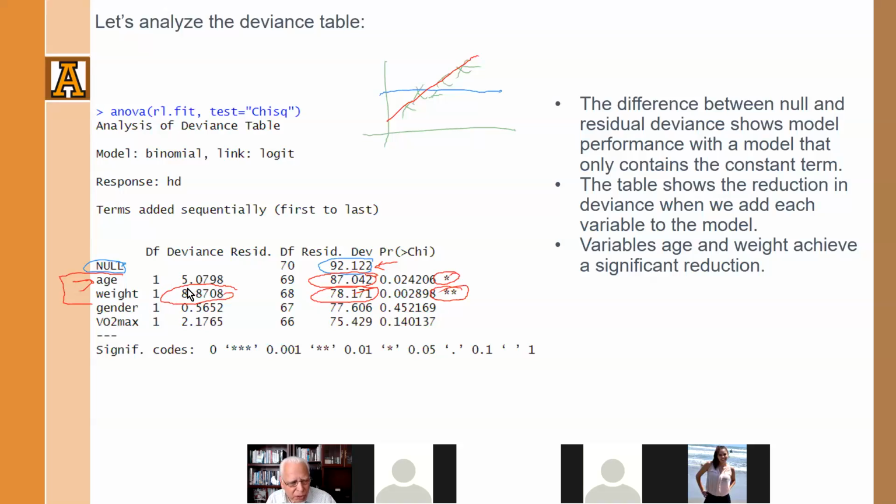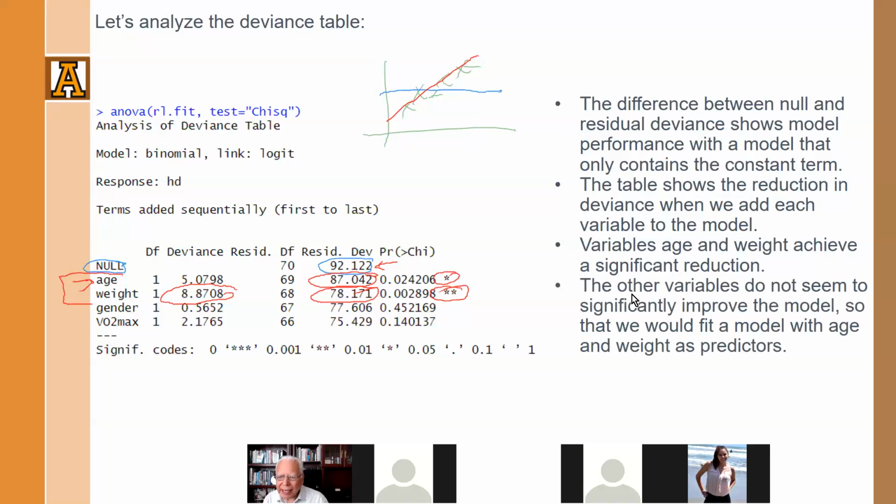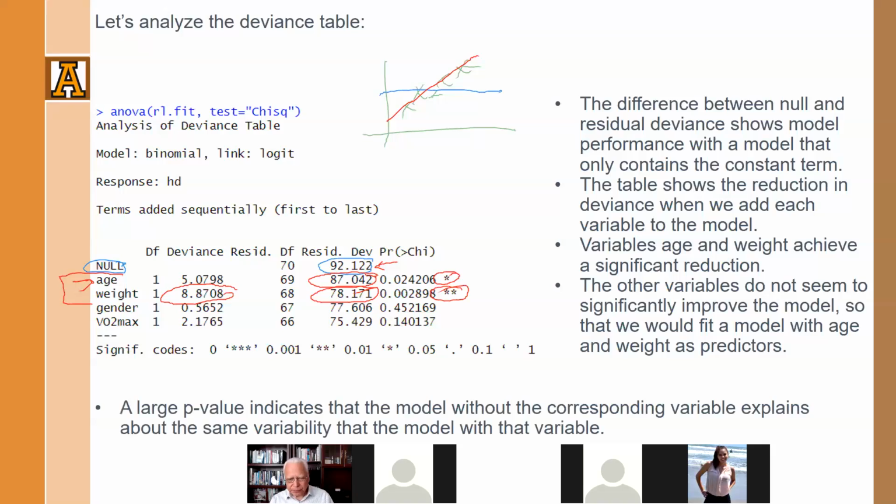They achieve a reduction of about 13 together, whereas the next one is VO2 max, which reduces only by 2, and it's not significant. Okay. So I can now fit the model with only these two variables, age and weight.